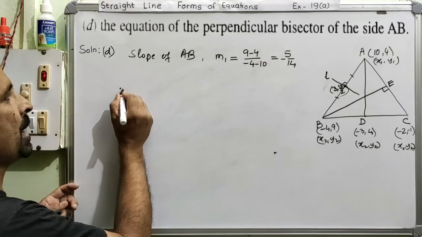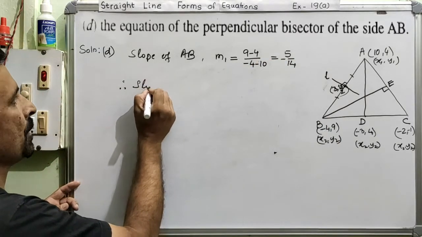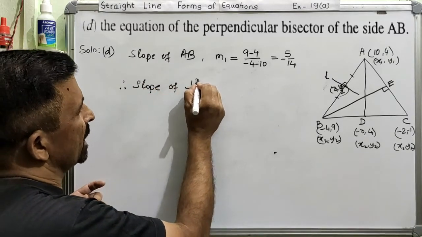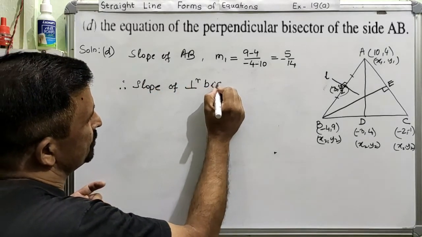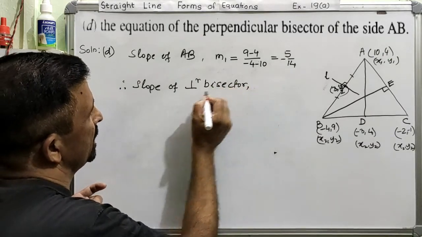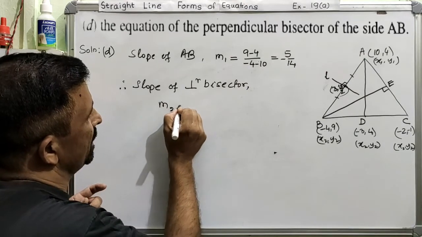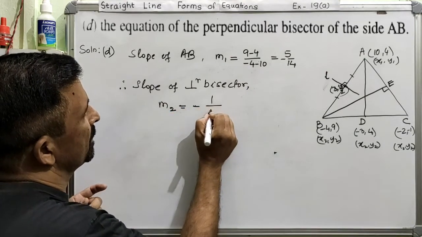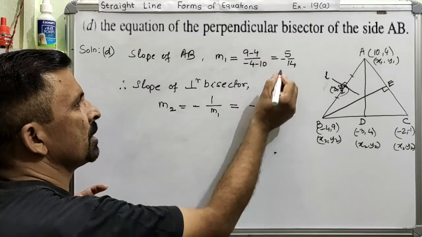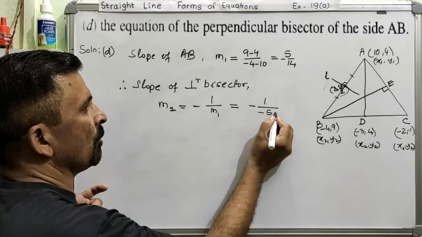Therefore, the slope of the perpendicular bisector, that is M2, will be the negative reciprocal of M1. So let us put this in: minus 1 over minus 5 over 14.